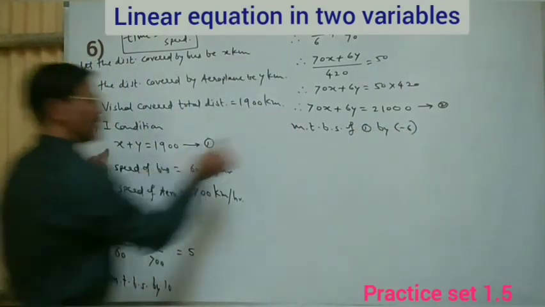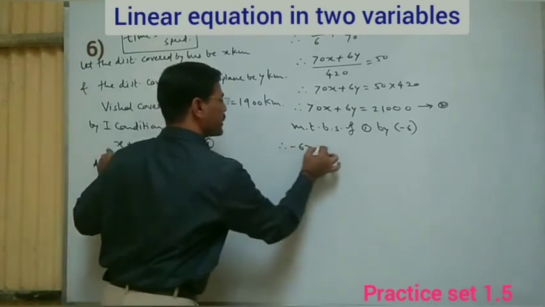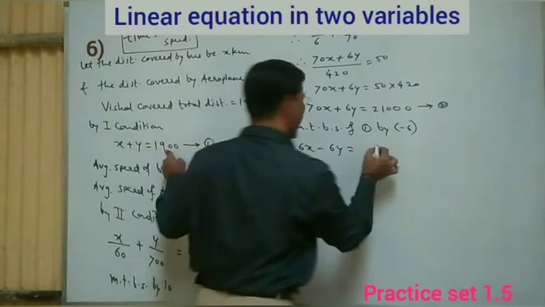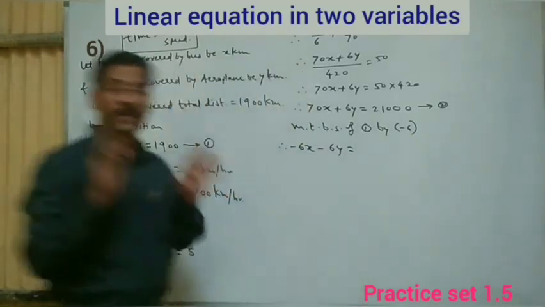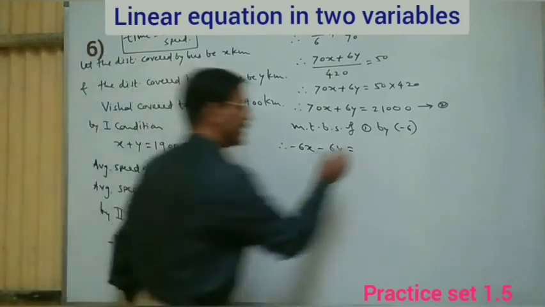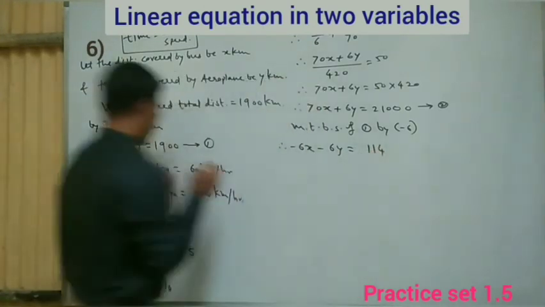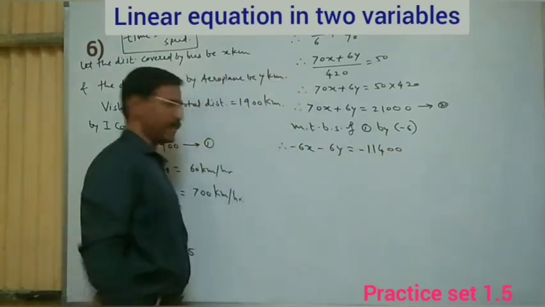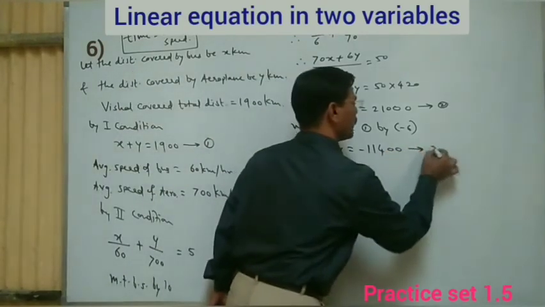Okay, let's see what we get here. This is minus 6x, again minus 6y, and here multiply 19 by 6: 19 5s are 95, 19 6s are 114. Okay, here 2 zeros, and don't forget to write minus 1. This is equation number 3.